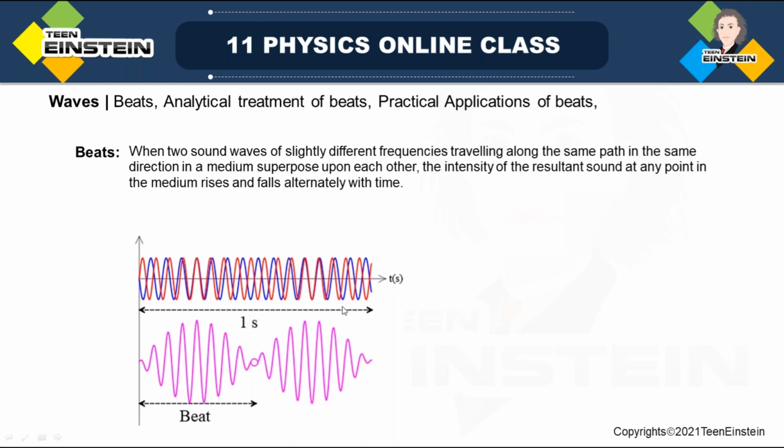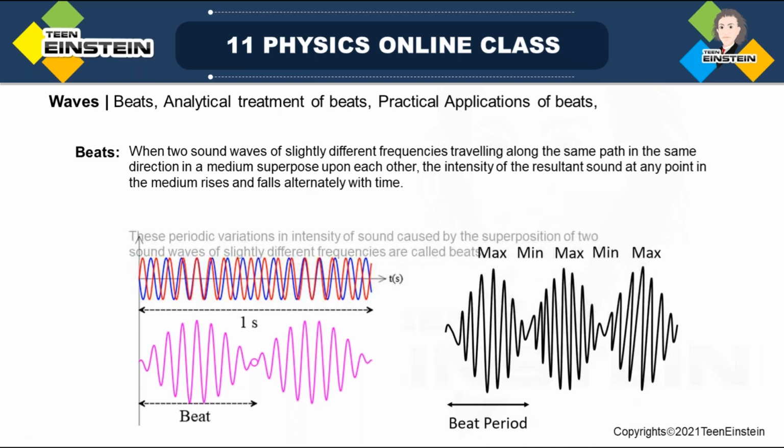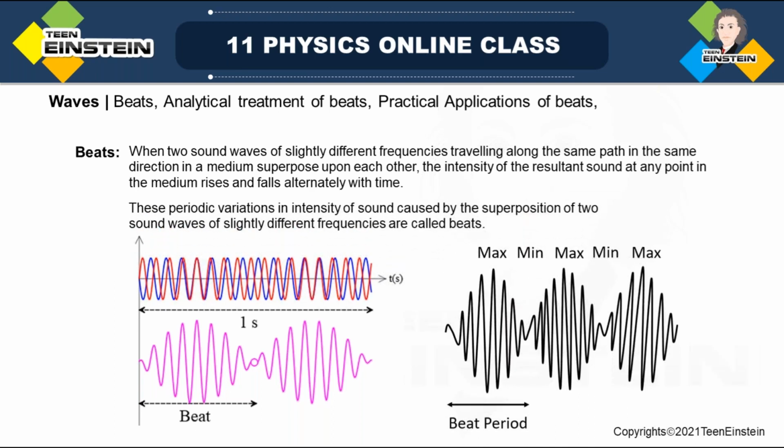Now, the intensity of the superposition is actually the square of the amplitude. So the intensity of the resultant sound wave will rise sometimes and fall sometimes. It will be maximum sometimes and minimum sometimes. Such rise and fall in intensity is called a beat, but it has to be periodic.